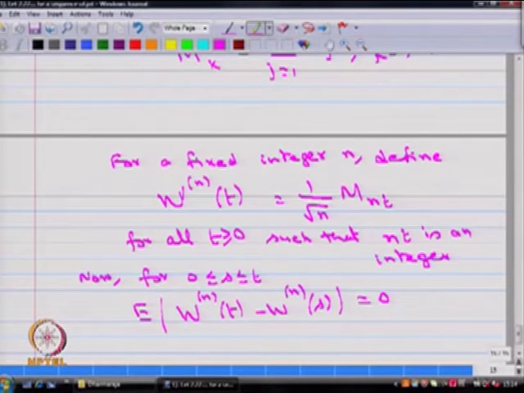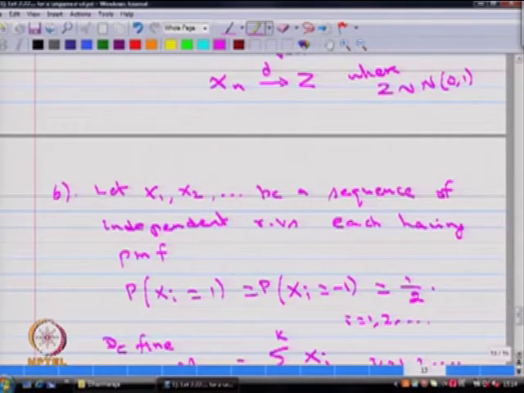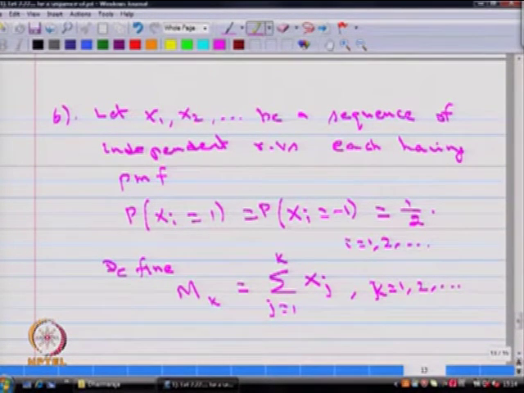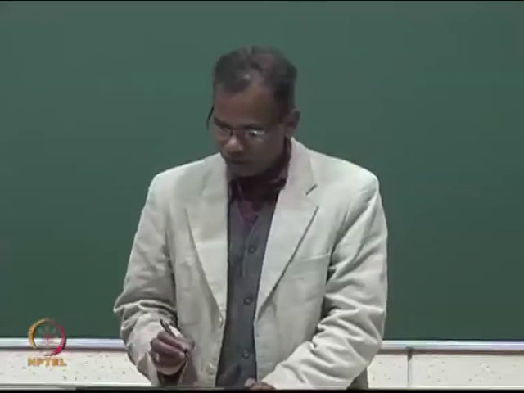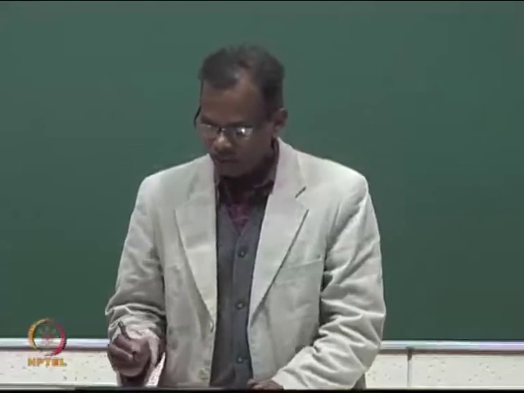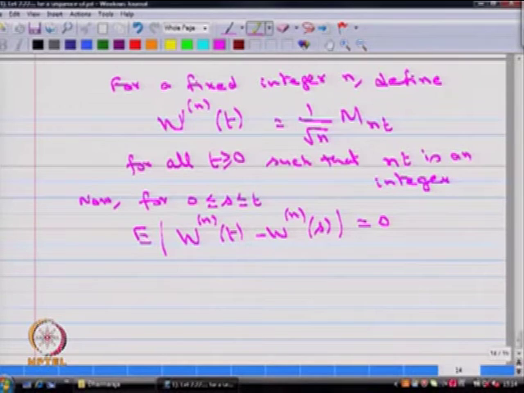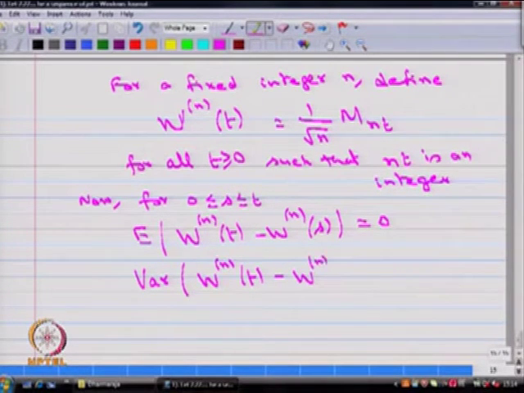That means Wn of t is 1 divided by square root of n times Mnt, and the way we define the Mnt, that is a summation of Xi's, and the probability of Xi equal to 1 and the probability of Xi equal to minus 1 is 1 by 2. Therefore, the mean of Xi's is going to be 0. Because of that, the expectation or mean of Wn of t minus Wn of s is equal to 0.